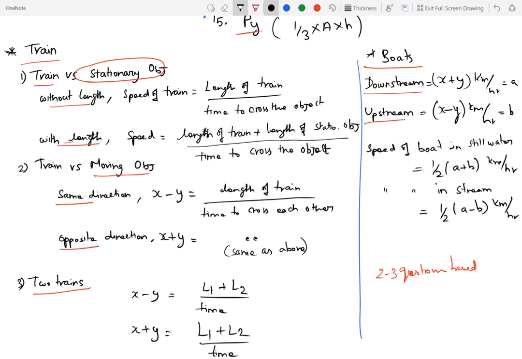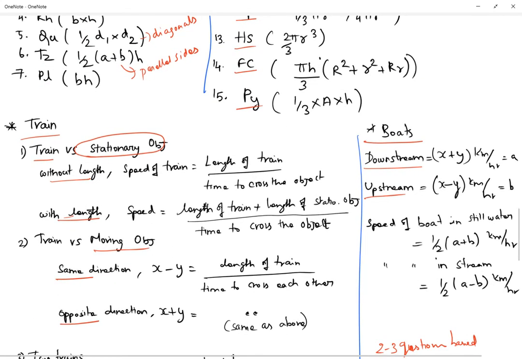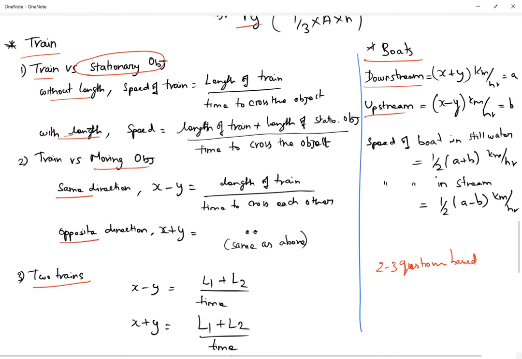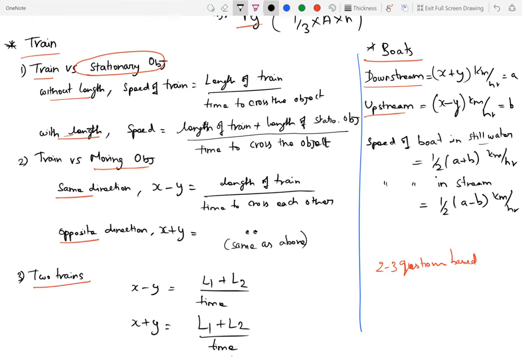For downstream, x plus y kilometer per hour, which can be termed as A. For upstream, x minus y kilometer per hour, which can be termed as B. Then the speed of boat in still water can be written as half into A plus B kilometer per hour. So A is nothing but the downstream, B is nothing but upstream speed. Similarly, speed of the stream is half into A minus B.